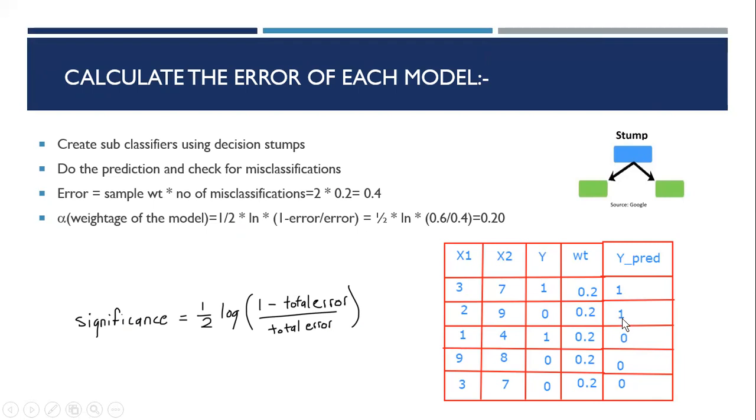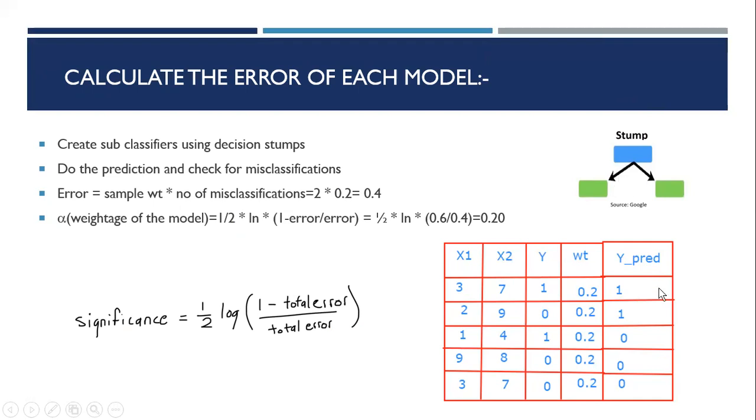When the prediction is done for this decision stump, we have to calculate the error for this model. The formula is sample weight times the number of misclassifications. Here two misclassifications have been done and the sample weightage is 0.2, so the error is 0.4.